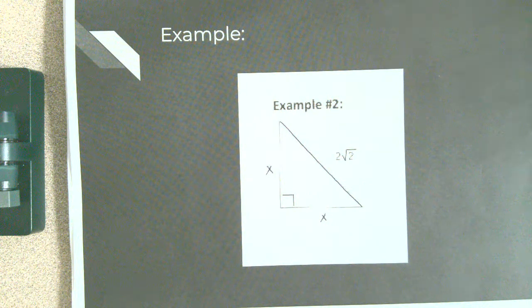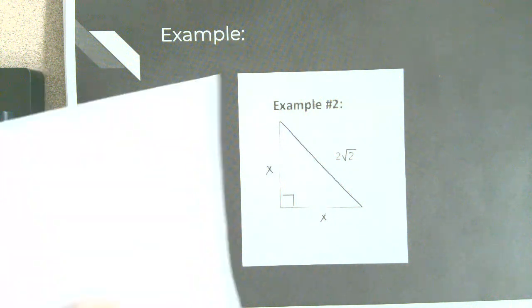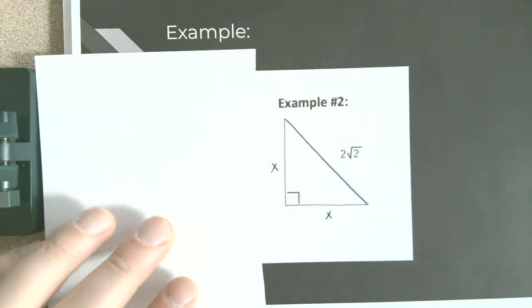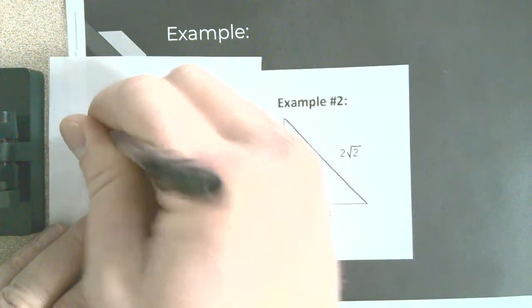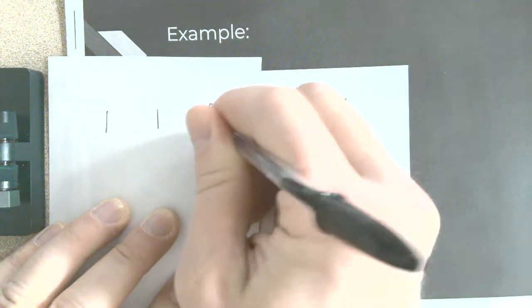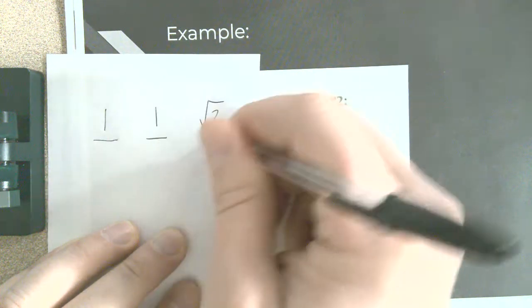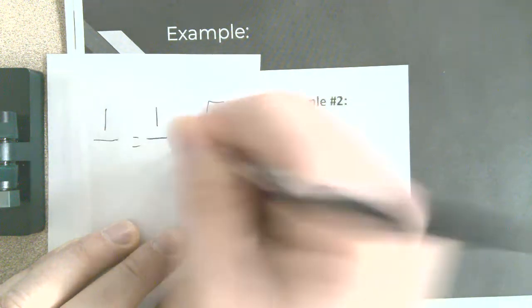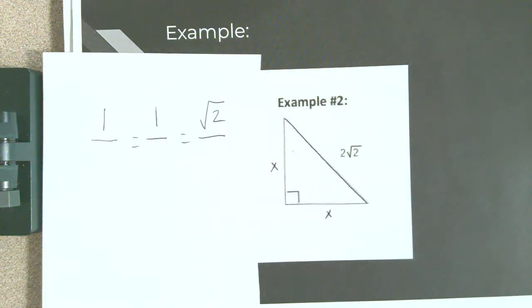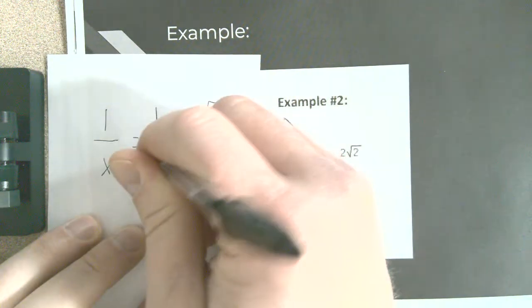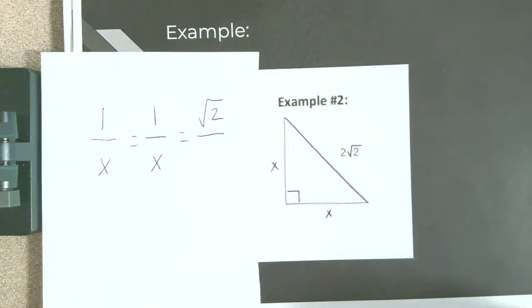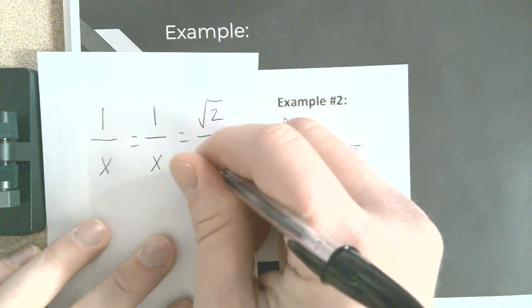So again, we write down our ratio, 1, 1, root of 2. I know that my legs here are both x, and my hypotenuse is 2 radical 2.